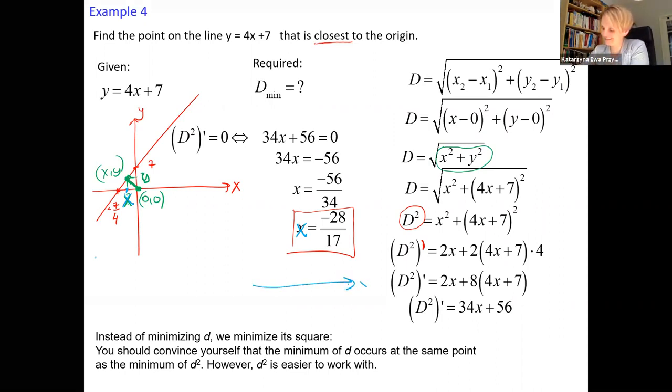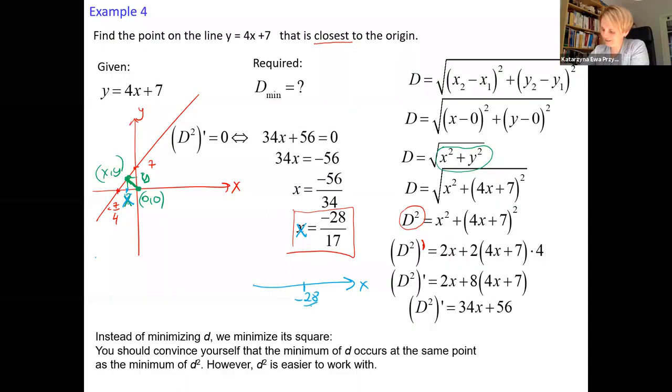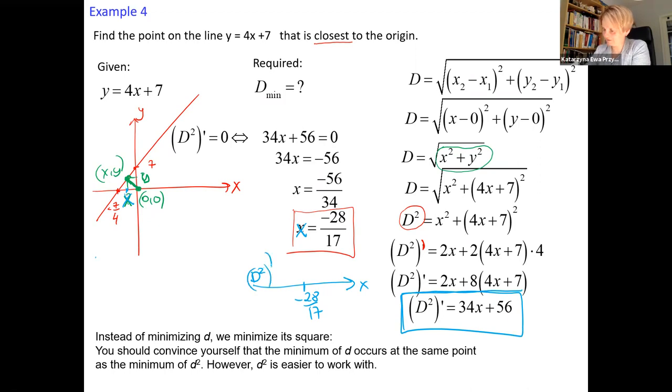The first derivative test. Negative 28 over 17. Here is the derivative of d squared, and I believe this is a good formula. When I substitute, let's say, negative 3, we will have a number bigger than 56 times 30, so it will be negative.